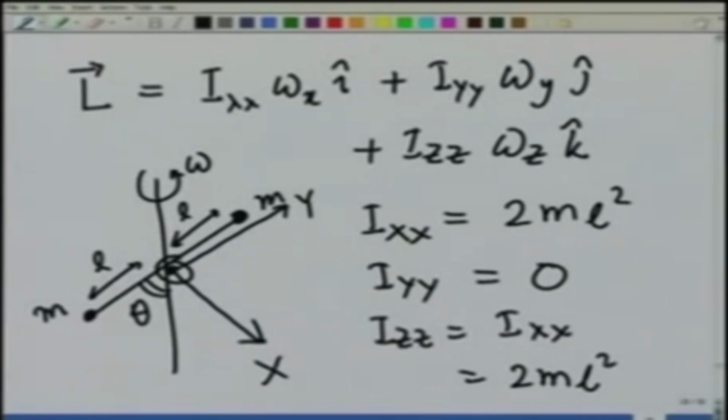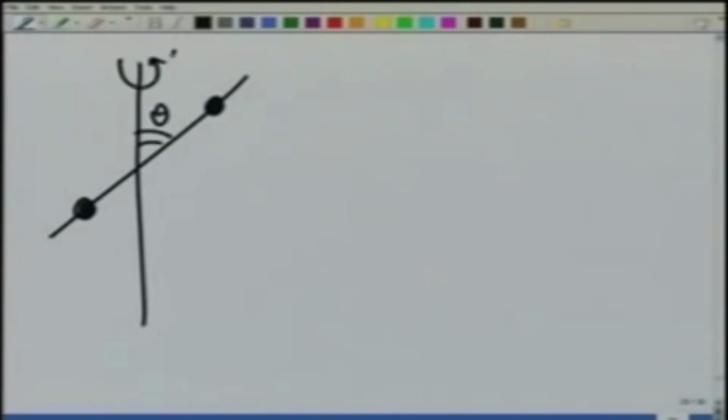So, the question is, what is the angular momentum? This is a rod rotating about an axis making an angle theta with omega. This is the principal axis x, principal axis y, principal axis z. Obviously, the principal set of axes rotates with the body.